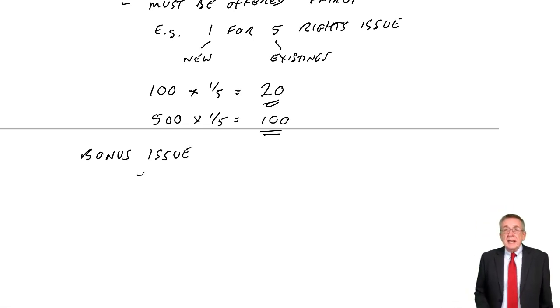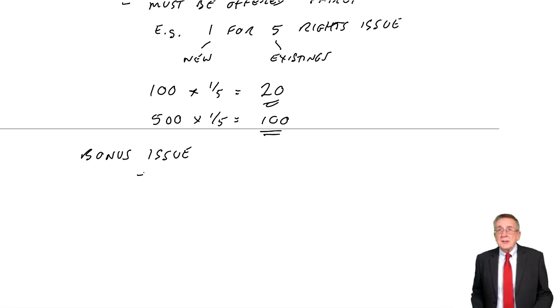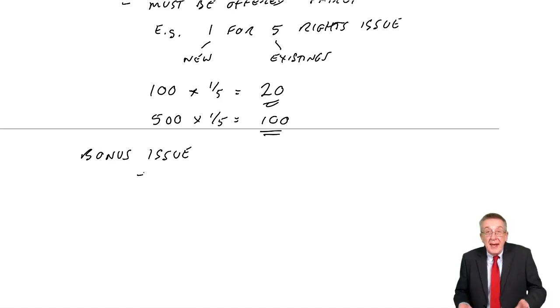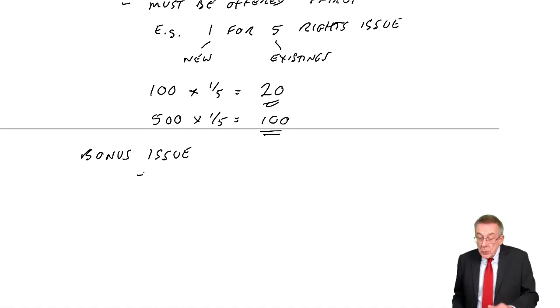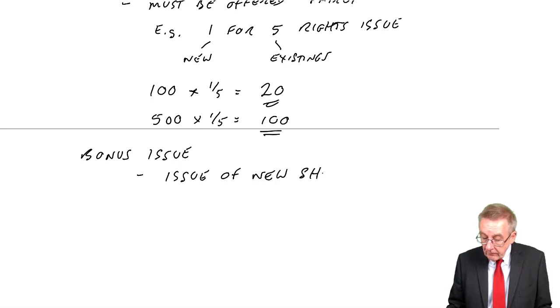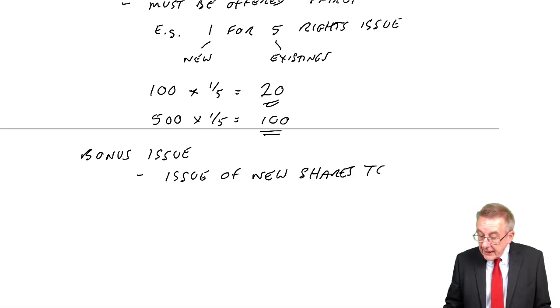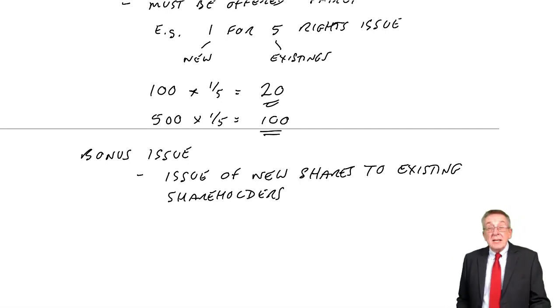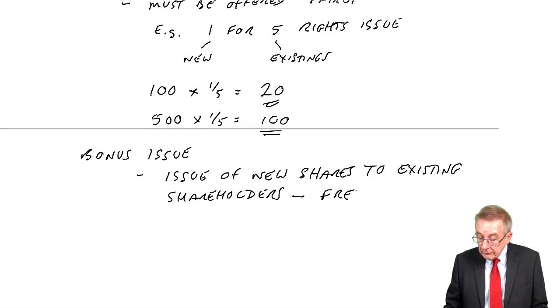This time, instead of offering shareholders the right to buy new shares if they want to, and they may not want to because they have to pay for these shares, a bonus issue is an issue of new shares, again to existing shareholders, but this time they're simply given free of charge.